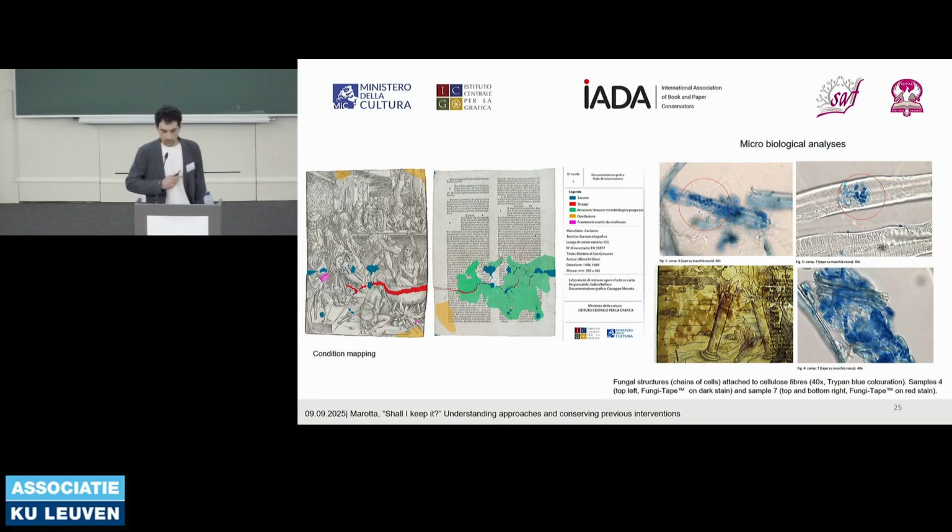Also, material analyses were really important during the study because they helped us understand what happened and when. The presence of the second group of lacunae was likely related to the exhibition that took place in the Villa Farnesina, close to the Tiber, a very warm and humid environment.